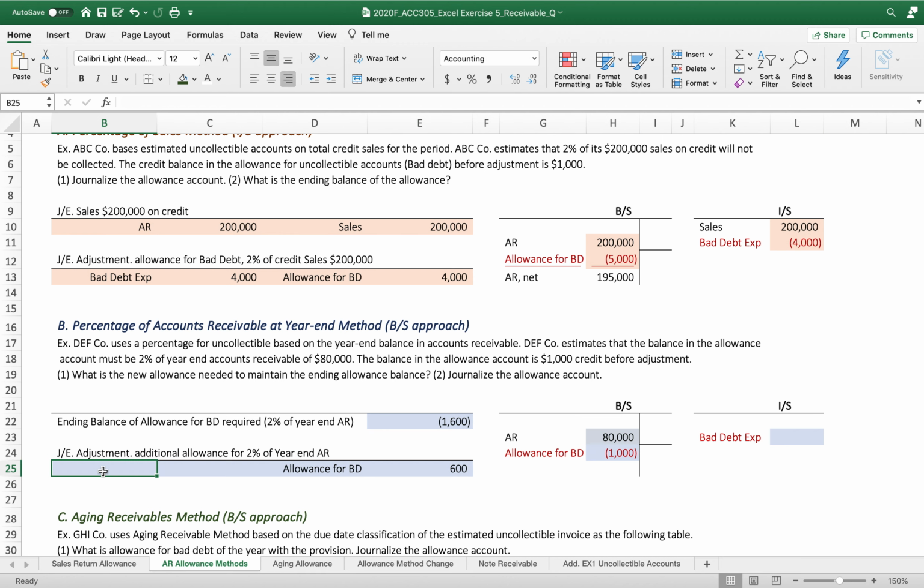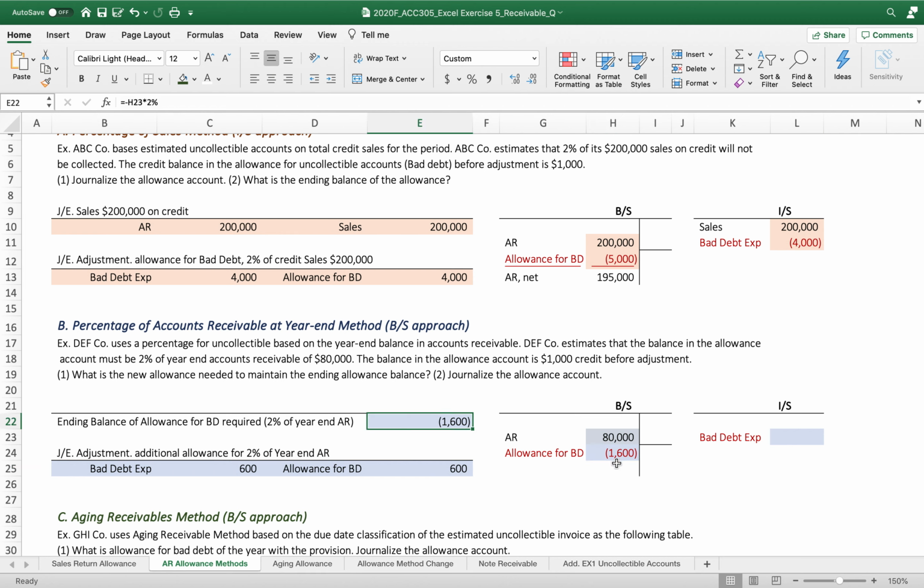So we should adjust: allowance for bad debt, the contra account of accounts receivable, increases by 600, and on the debit side, bad debt expense on the income statement, 600. By doing so, we increase the contra account of AR, allowance for bad debt, by 600.